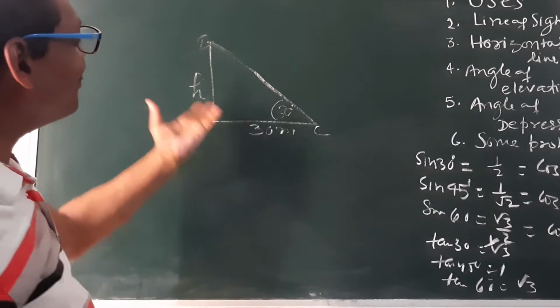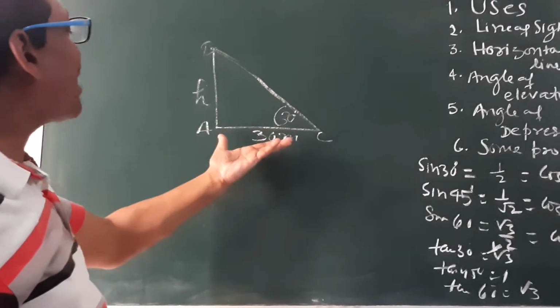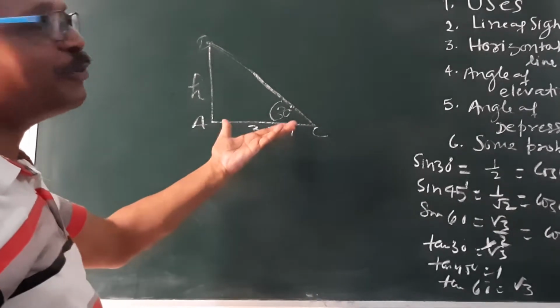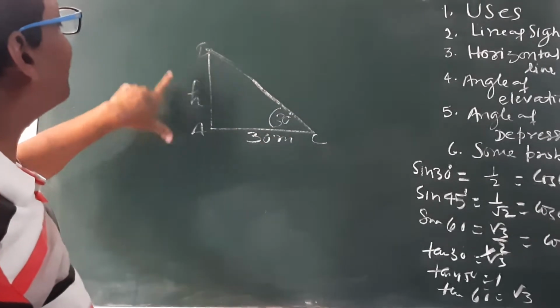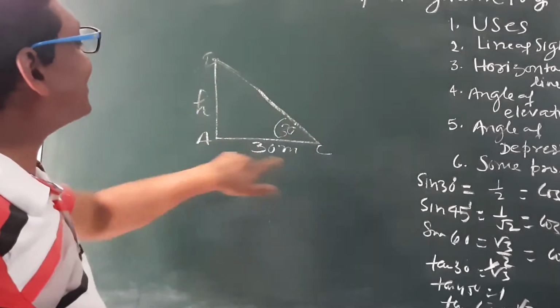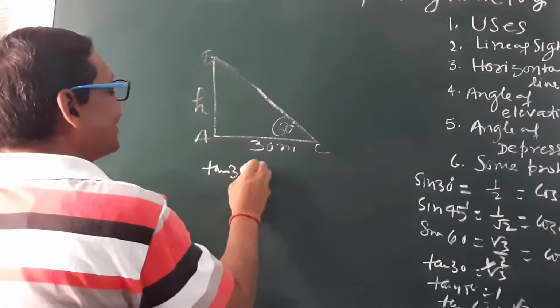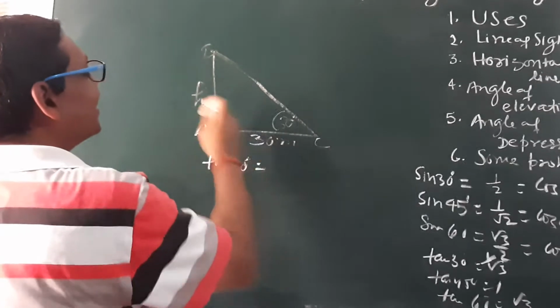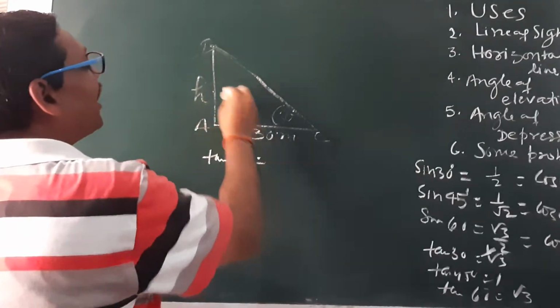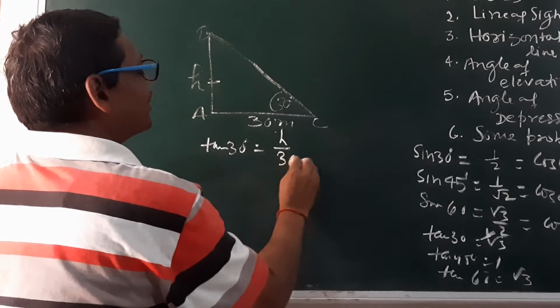This problem is converted into a figure, a diagram. This diagram gives an idea to solve the problem. We have to find the height of the tower. In this triangle, we know tan 30 degree is equal to perpendicular by base. Here the perpendicular is h and the base is 30.